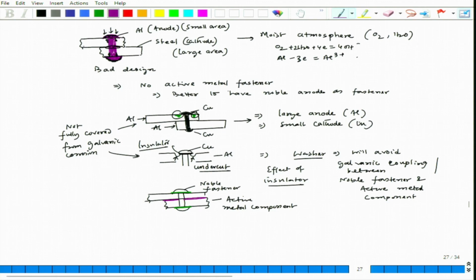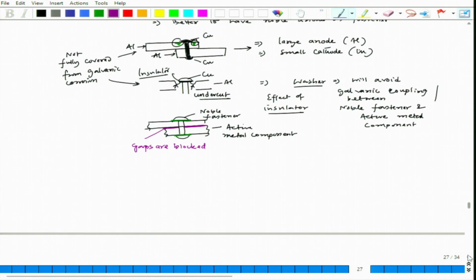These portions are blocked, the small gaps are blocked. Okay. So, that way I won't allow any fluid to ingress between the small narrow gap between two metal components, as well as I am having an insulator between the noble fastener and the active metal component.